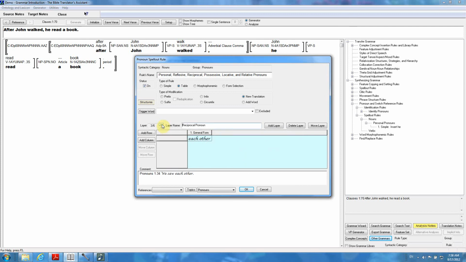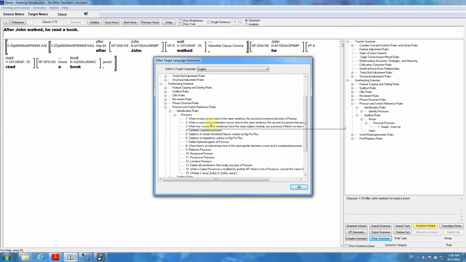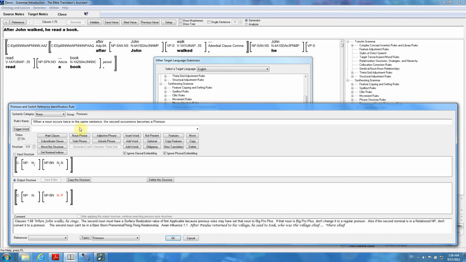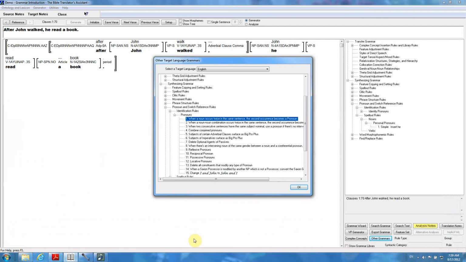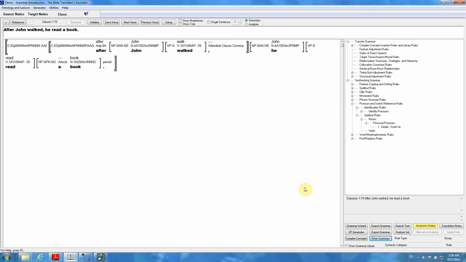There's reflexive pronouns, reciprocal pronouns, possessive pronouns, locative pronouns, etc. And the identification rules also become fairly elaborate. But you'll need to work out the details for your language. Just follow this two-step process and use that feature called surface realization.